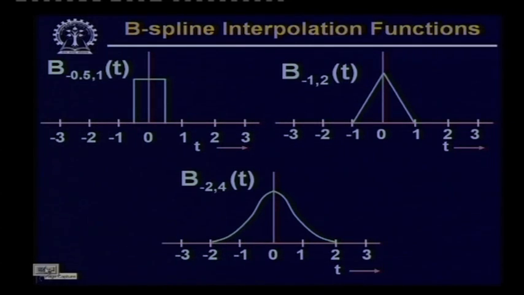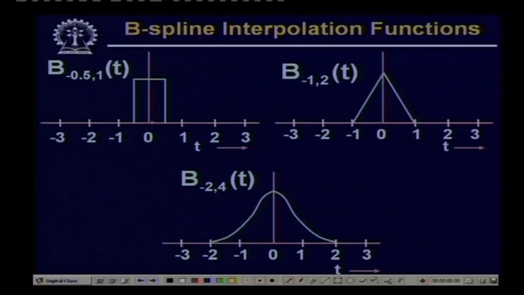So, in the earlier case we had b 0 1 t to be 1 between 0 and 1. So, b 0 1 t was something like this. Now, along with p 0, I do not consider b 0 1 t, but I will consider b minus 0.5 1 t, and b minus 0.5 1 t is equal to 1 for values of t between minus 0.5 and plus 0.5, and the value of b minus 0.5 1 t will be equal to 0 beyond this range.